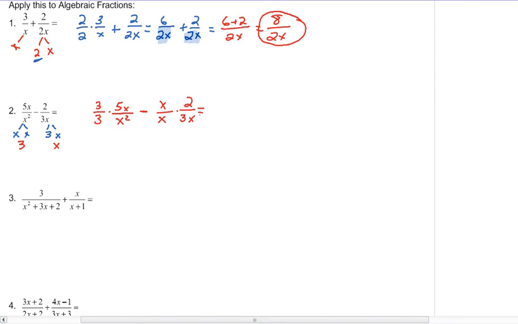Now for each one of these, you have to combine your like terms and also multiply both the fractions together. So for the first fraction, we'll get 15x, 3 times 5x is 15x, over 3x squared, which is our common denominator. That's minus 2 times x, which is 2x, over 3x squared.